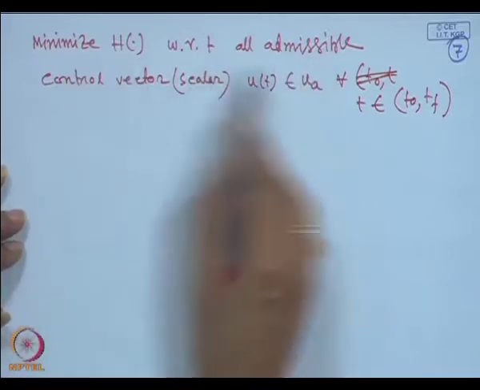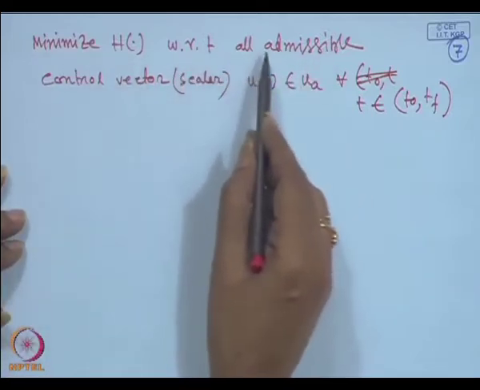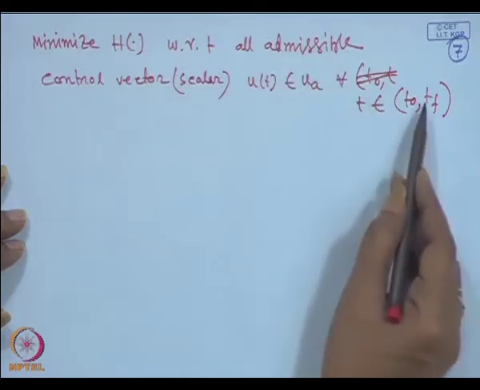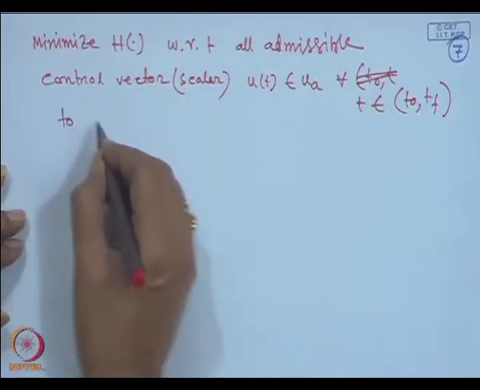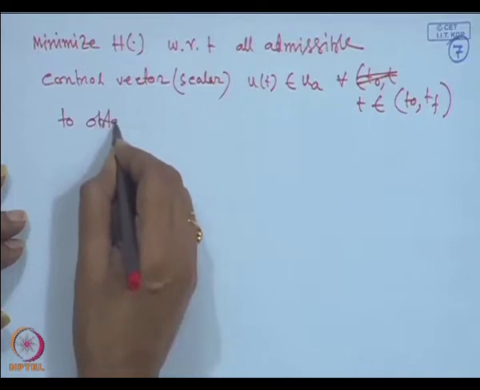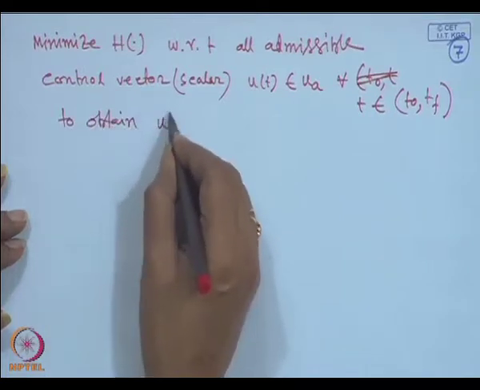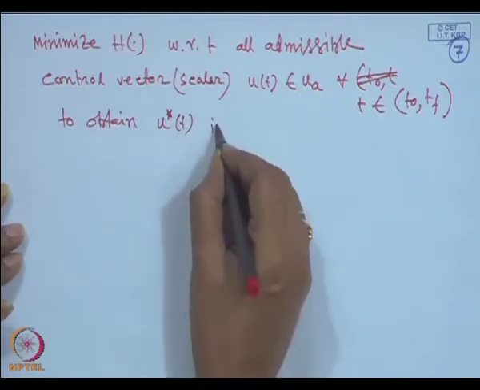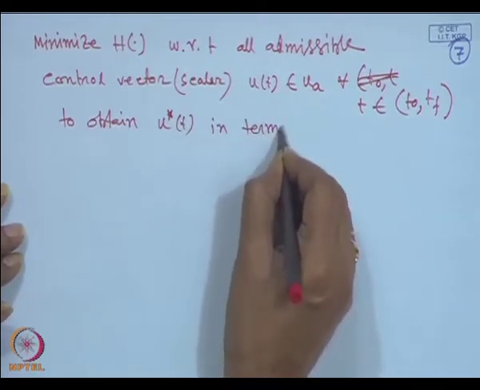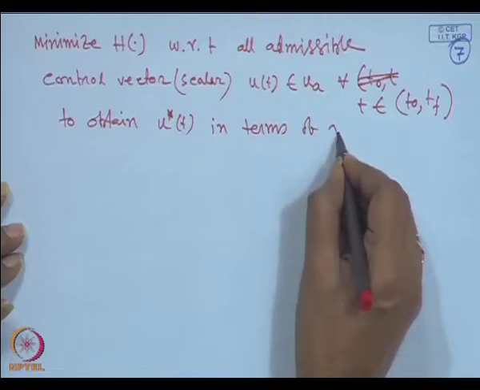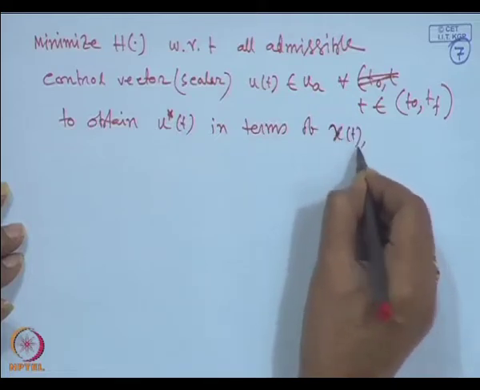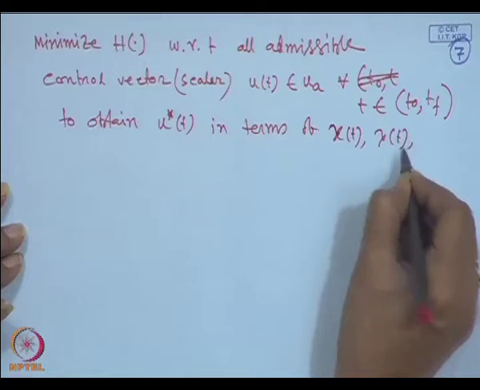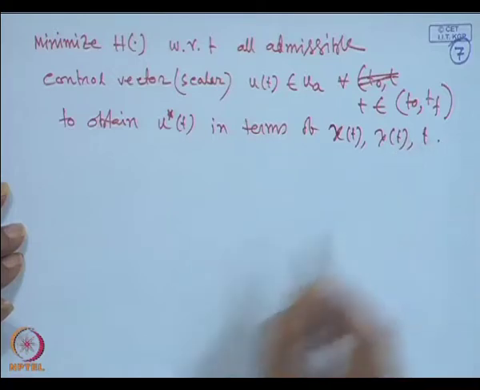So, minimize with respect to all admissible control vector this to obtain u star of t in terms of x of t, lambda of t and t.